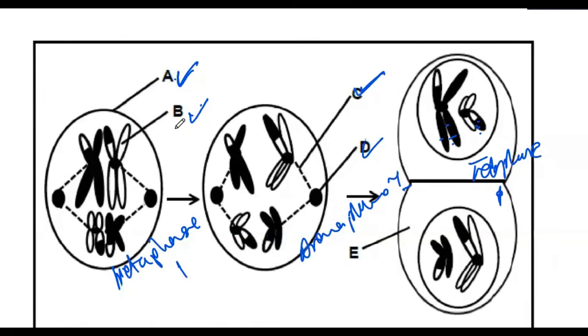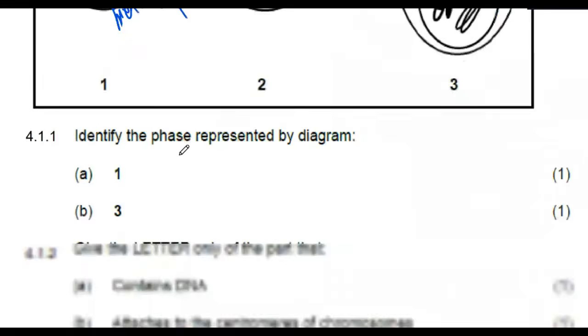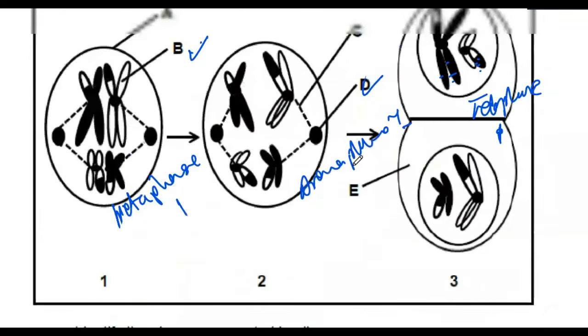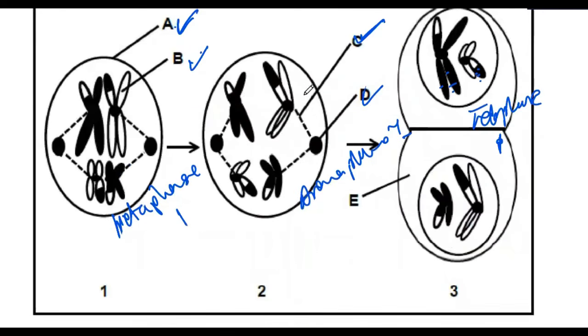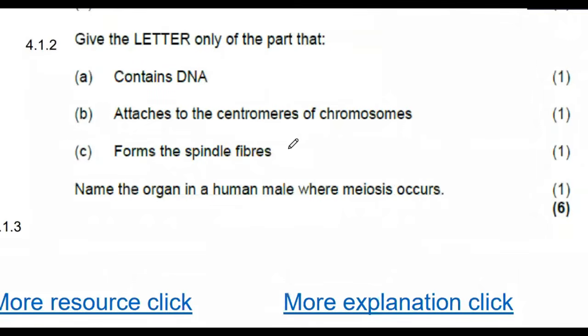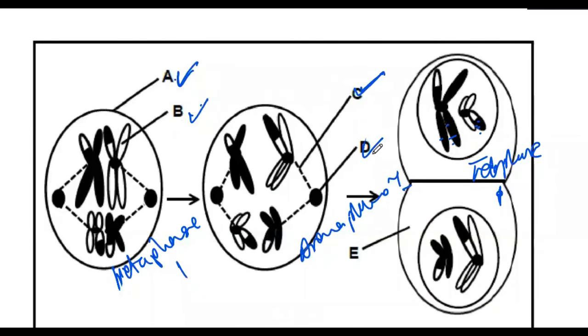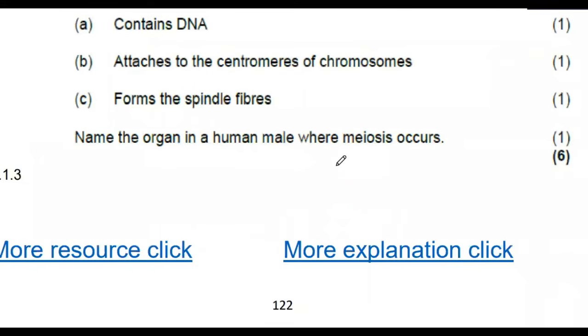It is B, the chromatid. The part that attaches to the centromere of the chromosome is C, the centromere. Then they're saying which forms the spindle fiber, which is the centrioles. Where is the centriole mentioned? It is D. You see, we are able to answer these questions.